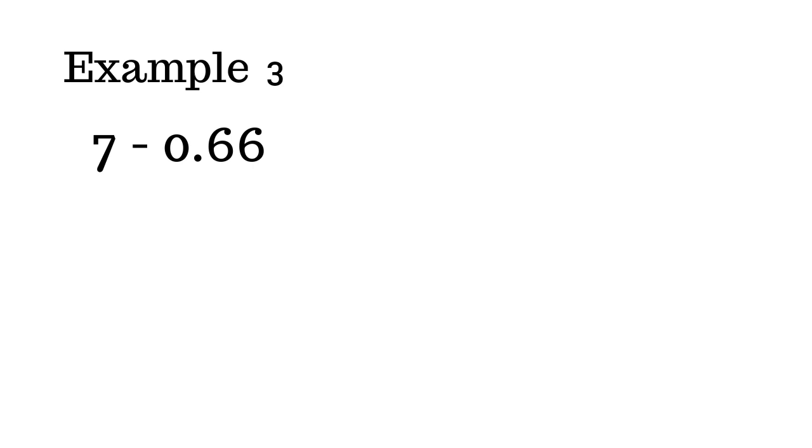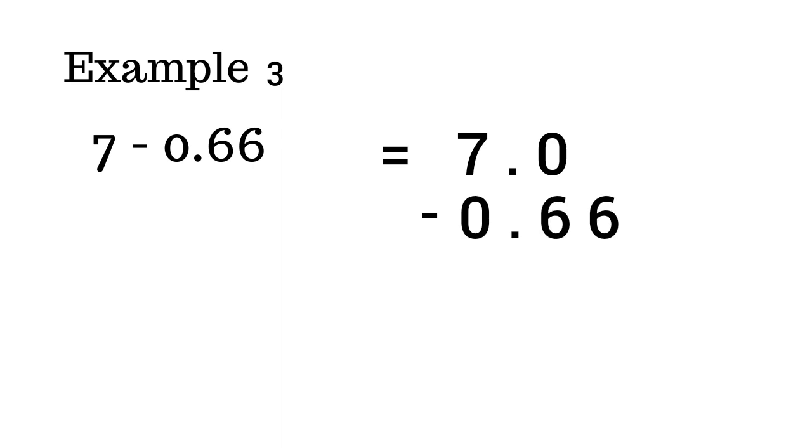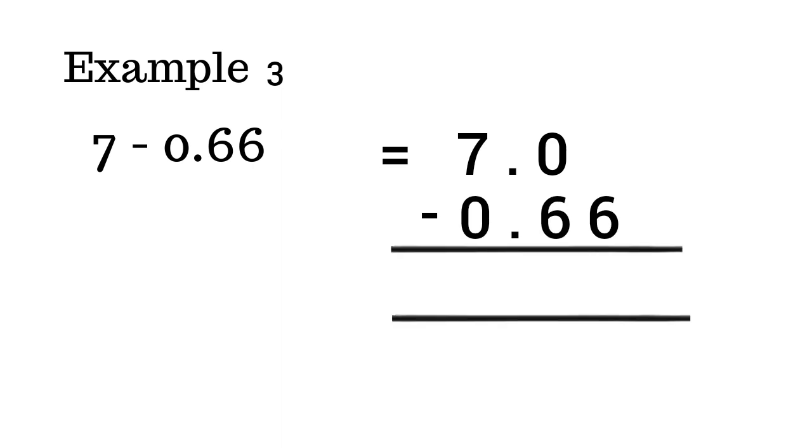Example 3. 7 minus 0.66. 7 is the same thing as 7.0, don't forget. So we write 7.0 minus 0.66. We fill the extra space with 0 and go ahead and subtract. 0 minus 6 cannot. We move to the next digit, which is still 0. We move to 7. We take 1 from 7, that remains 6. Put it beside the first 0. That gives us 10. Take another 1 from there, place it beside the second 0.